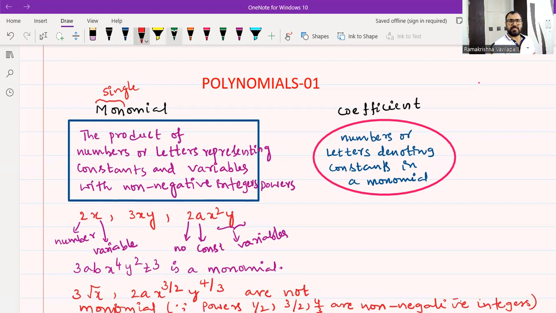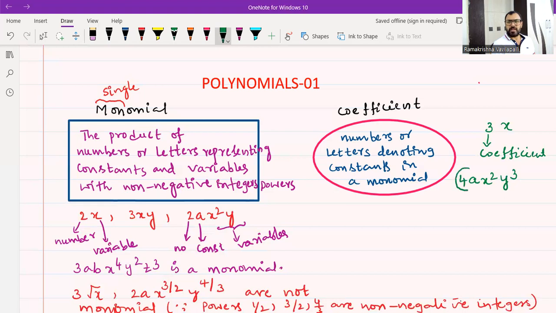For instance, you see 3x, right? So this is known as a coefficient. Or I will take another expression, 4a x square y cube, right?